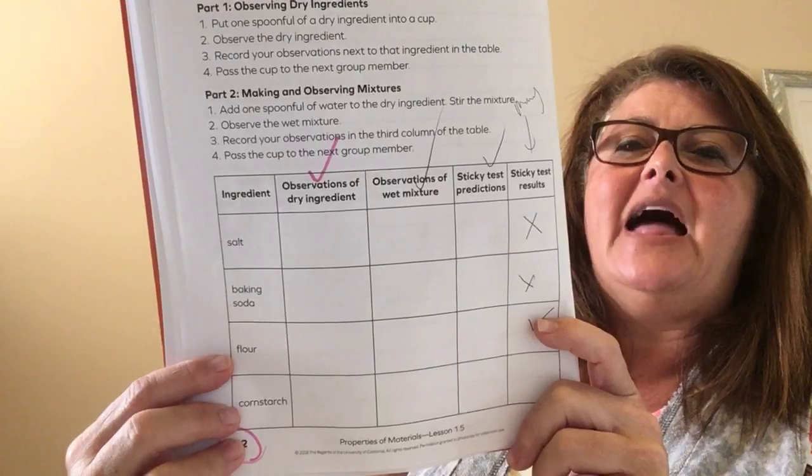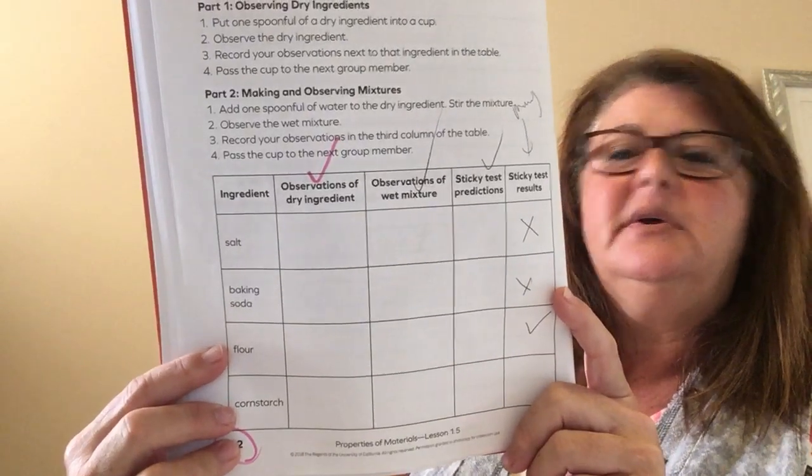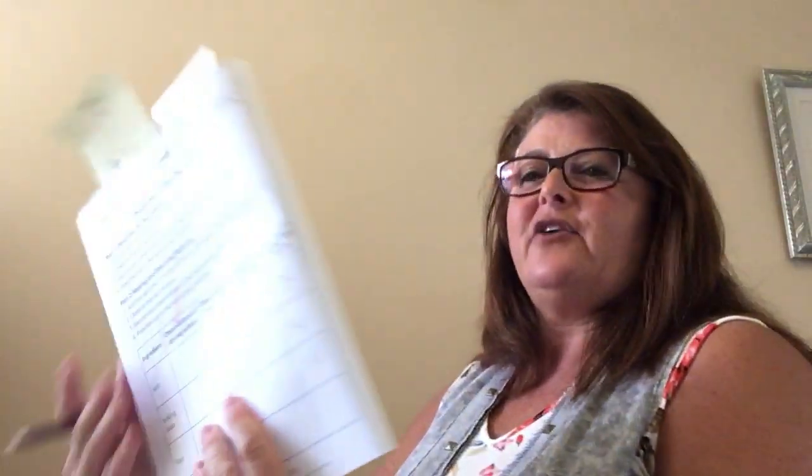It was the flour and water mixture. So I put an X on the sticky test for the salt. I put an X on the sticky test for the baking soda. And I put a check mark for the flour mixture because the flour mixture stuck, was able to glue the bean on.